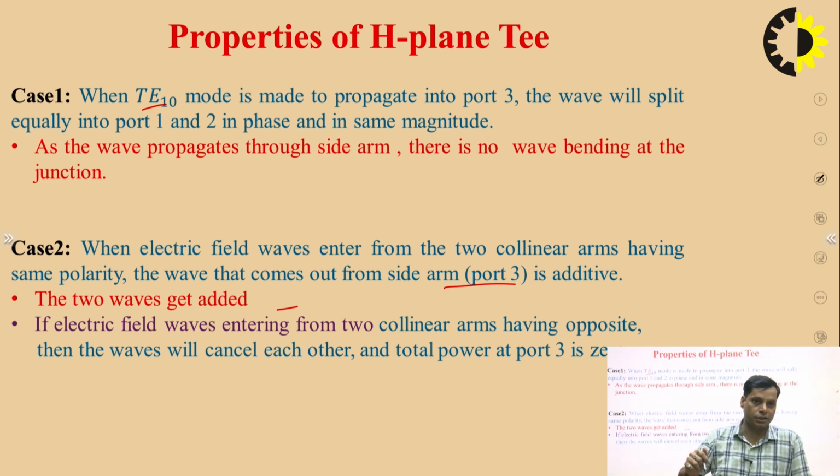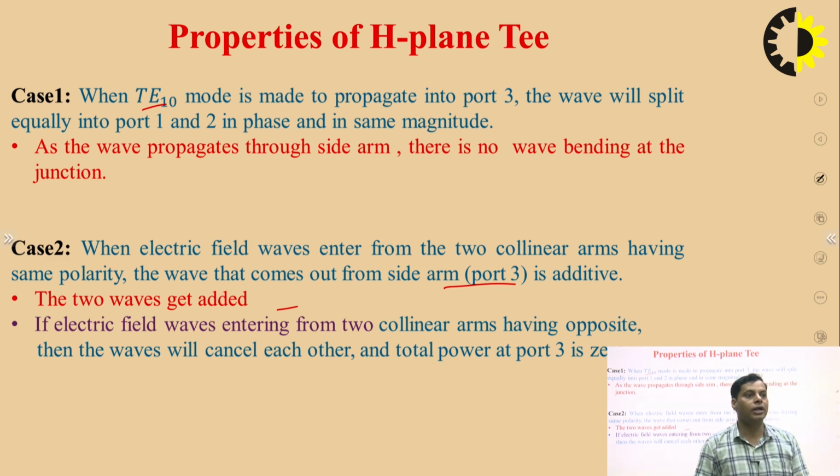If we apply input at 3, what happens at ports 1 and 2. In the same way, if we apply input at port 2, what do we get at port 1 or 3. So we apply input at the respective port and see what output we get at the remaining 2 ports.